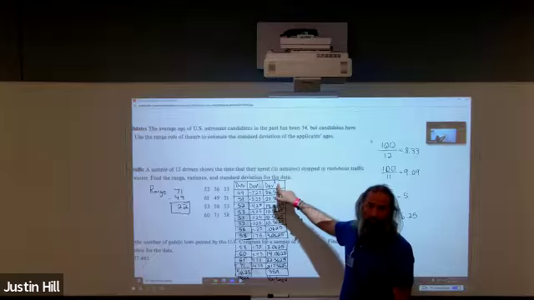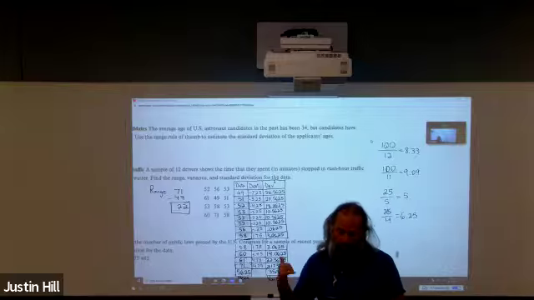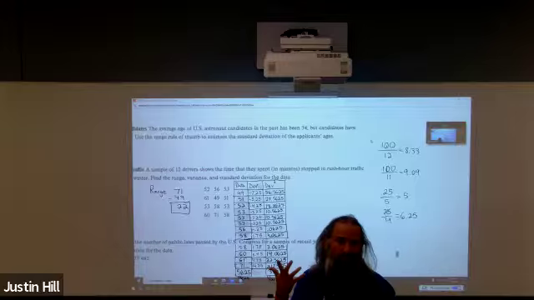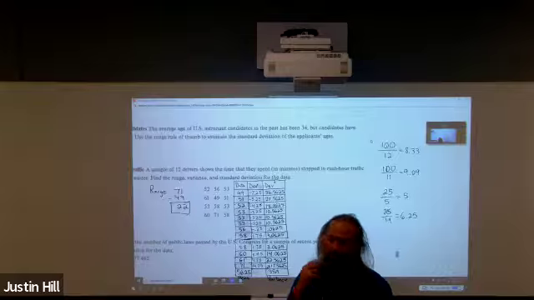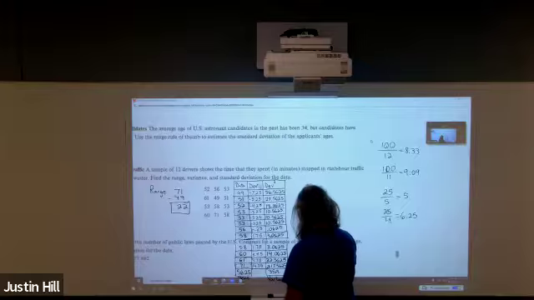You take a square root. So we're going to take the square root of the variance, and like we saw last time, that's called the standard deviation. The standard deviation is the average spread distance away from the middle that our data is.